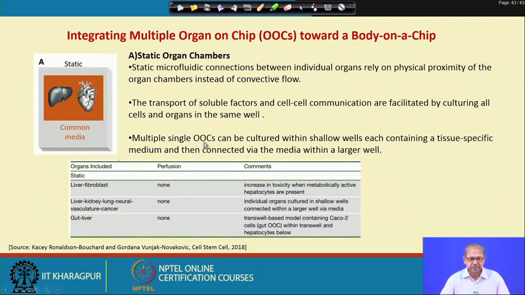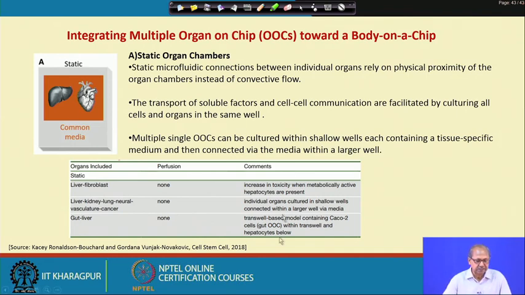That is, multiple single organ on chips can be cultured within shallow wells, each containing tissue specific media, and then connected by the media within the larger wells. So, this is the first module, and the drawback of this module is that there is no convective flow, as happens in our body.